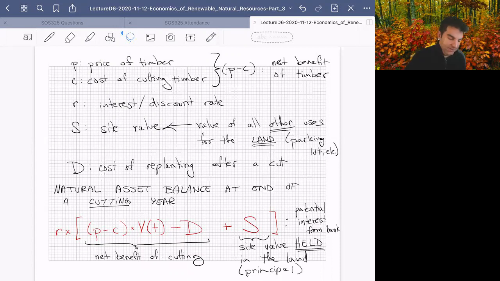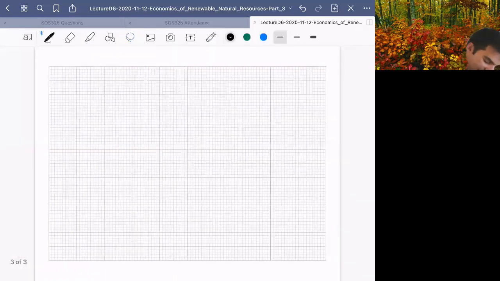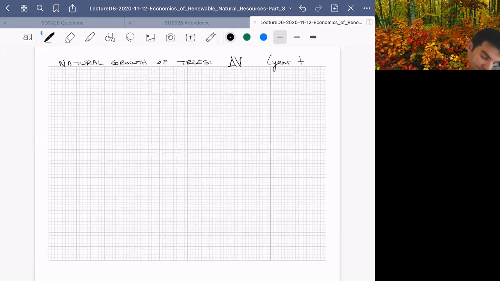And so if I think about that, then I've got natural growth of the trees, which is delta V from year to year. And so the equivalent in dollars is P minus C times delta V.